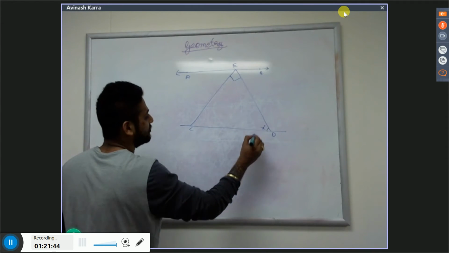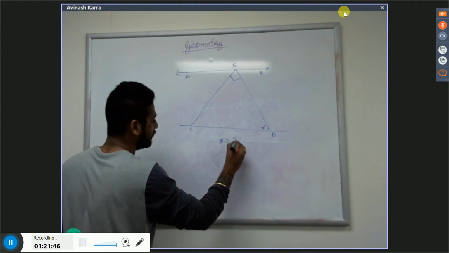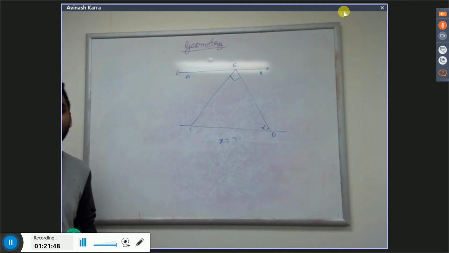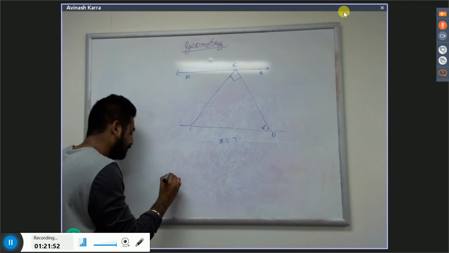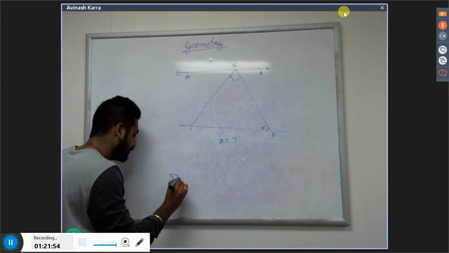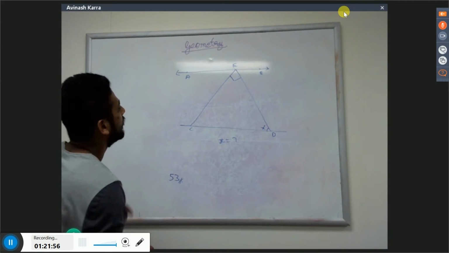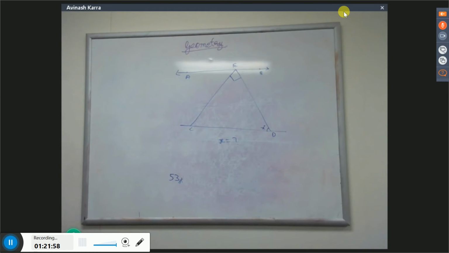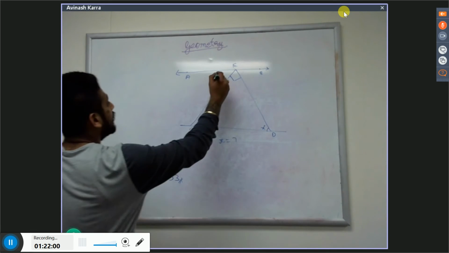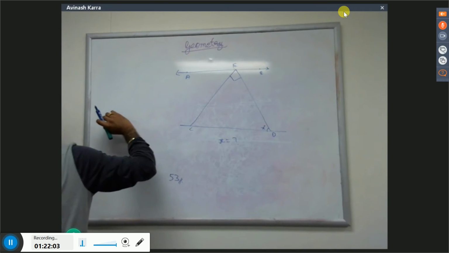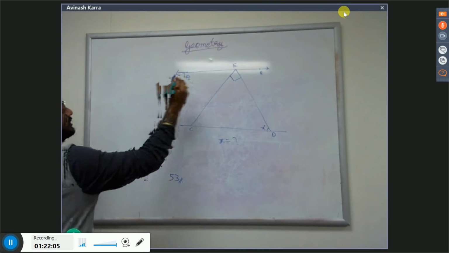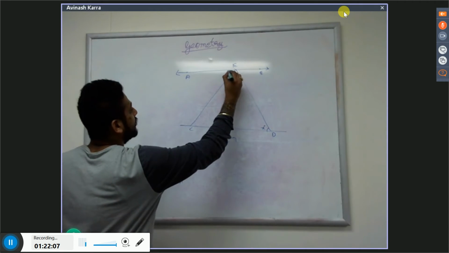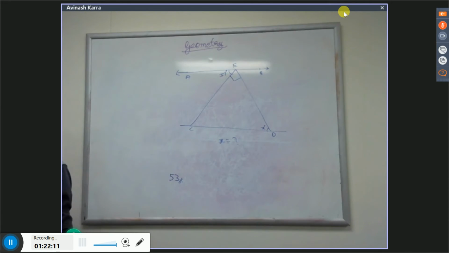Find the value of x. Can you do it for me, please? See, your answer should be, yes, I need to give one more piece of information. Sorry. 37 degrees.